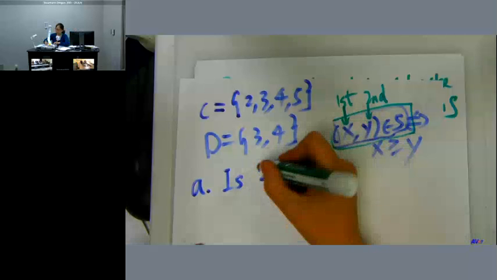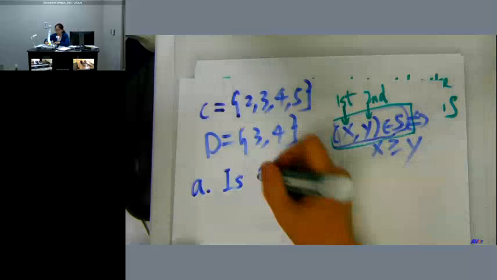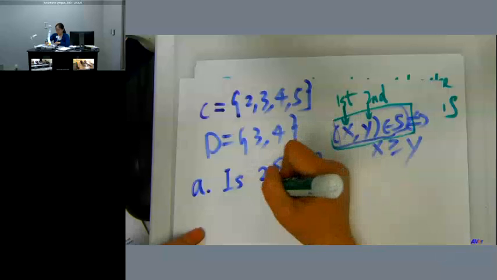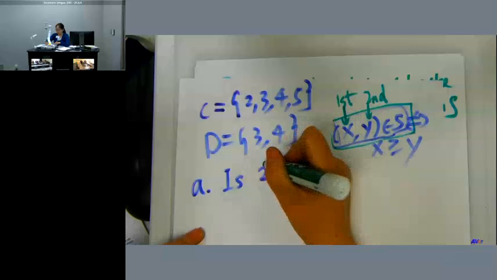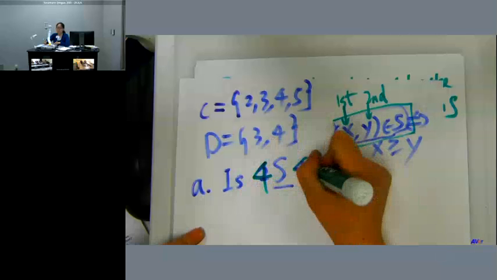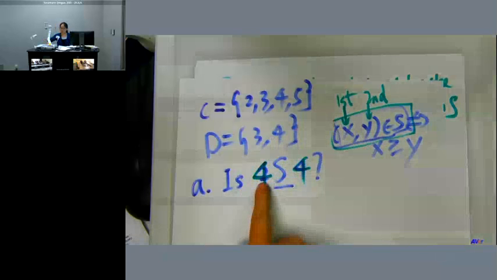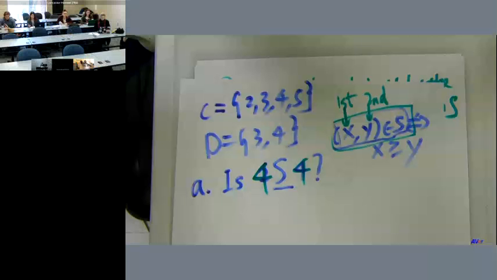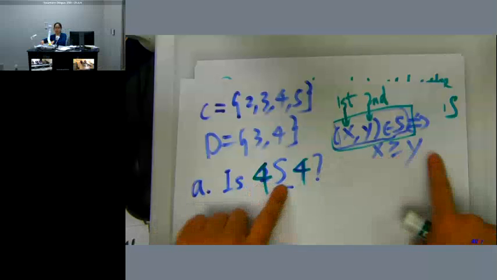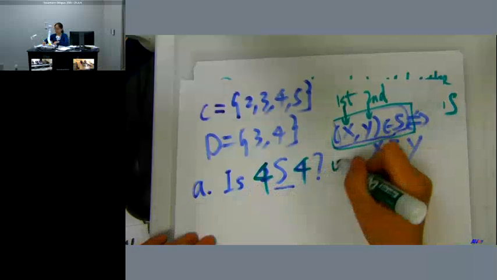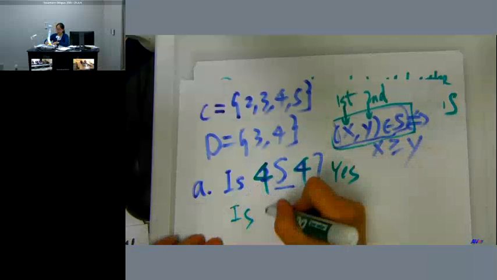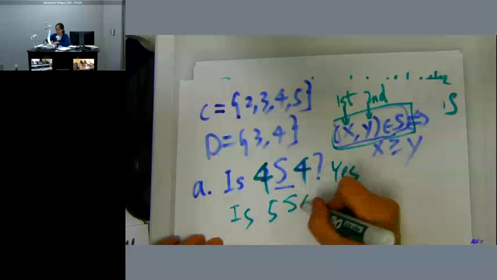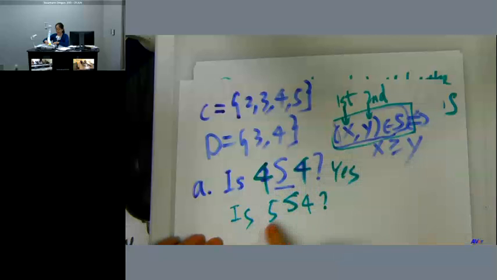I can change the numbers a little bit. Let's say, for example, is 4 related to 4? Is the first number 4 related to the second number 4? Yes, because the first number is greater than or equal to the second number 4, right? So you would say yes. But if I ask you, is 5 related to 4 by relation s?